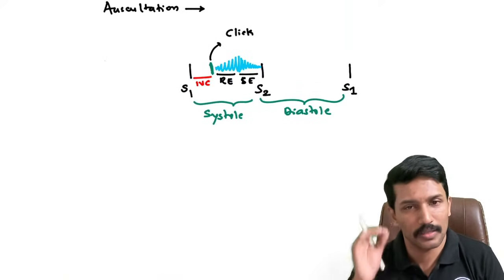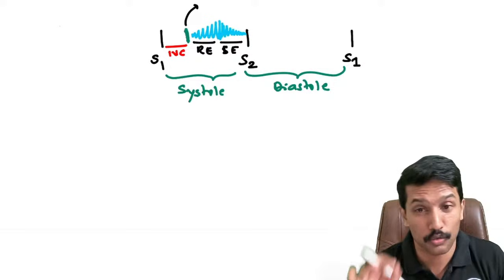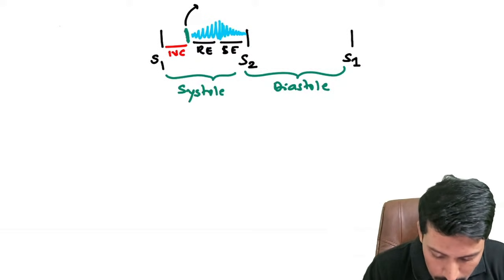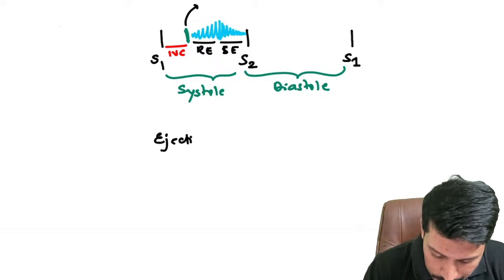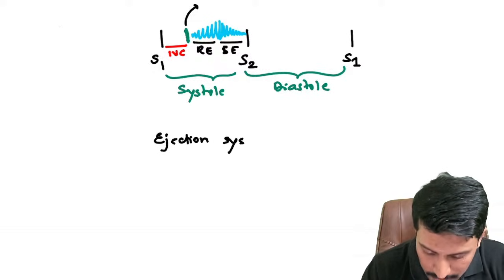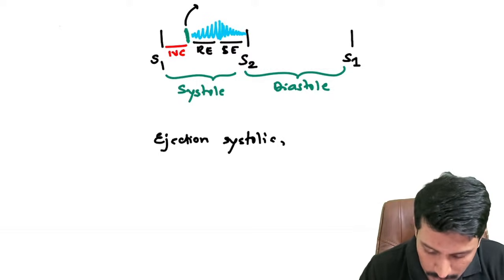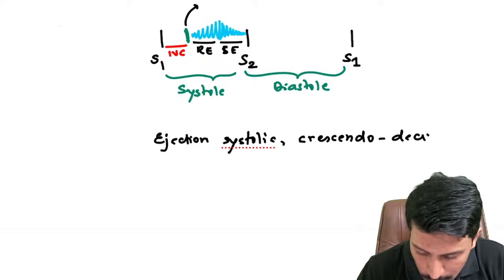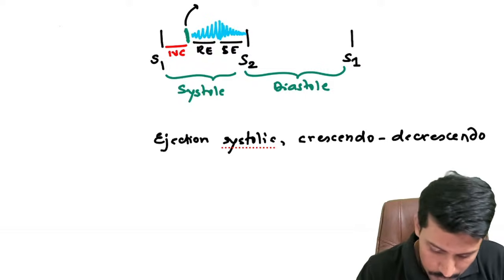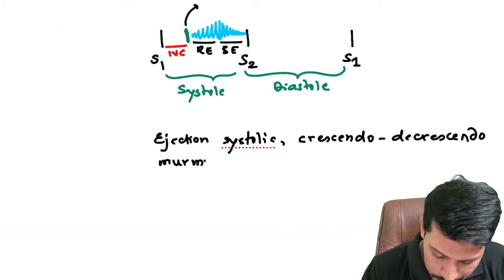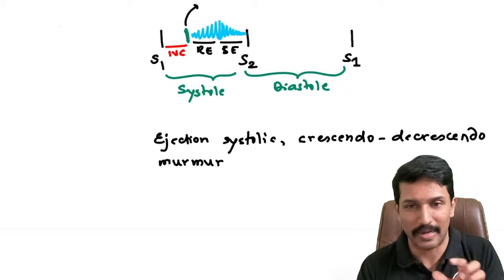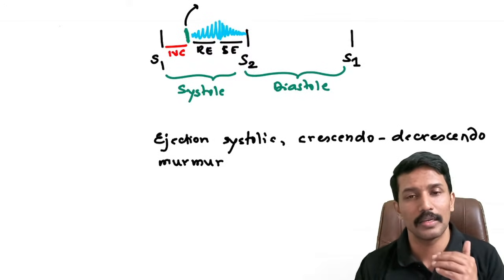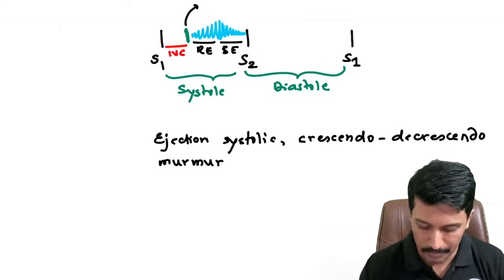Please draw this picture, which gives a very clear idea to the examiner that you know about the murmur, and then mention you get this ejection systolic, or if you want, you can also write mid systolic, crescendo, decrescendo murmur. So it is systolic but not pan, ejection, and its intensity goes on increasing and decreasing. Ejection systolic, crescendo, decrescendo murmur.